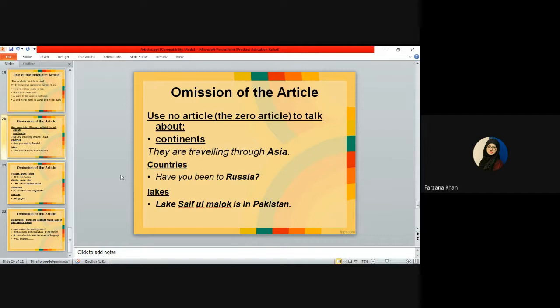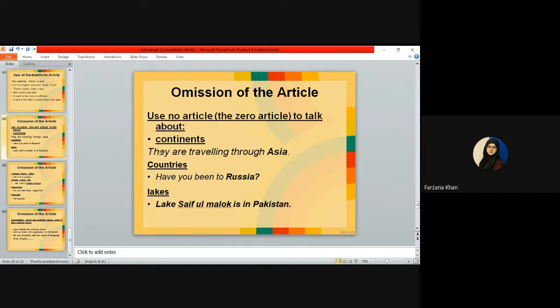There are certain situations where you need to omit the article, which is called the omission of the article. In other words, you can say no use of article or zero article. That's why in the very start I was telling you it is very important to learn where to use an article and where not to. So let's now discuss the no use of article, which is also called the omission of the article.